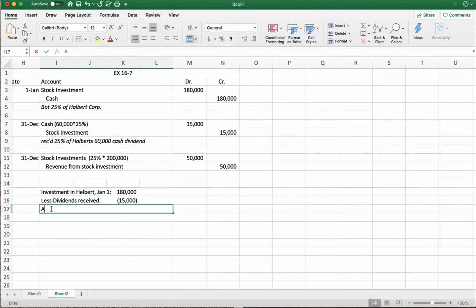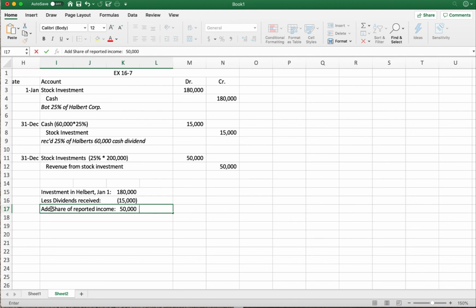Then I need to add the share of reported income, which is going to be $50,000.